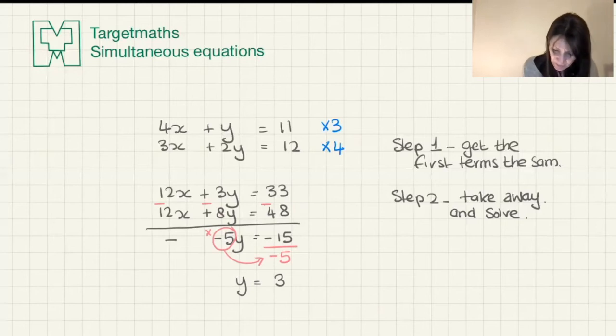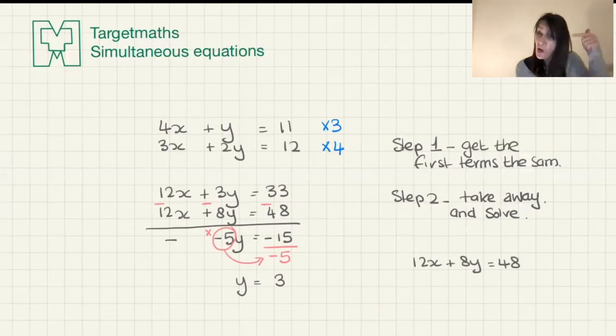So what I'll do is I'll write 12x plus 8y equals 48. I'll stick that one on the top, and then I'll put the other one, 12x plus 3y equaling 33, underneath it. This is perfectly fine.